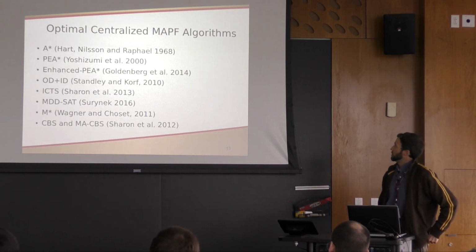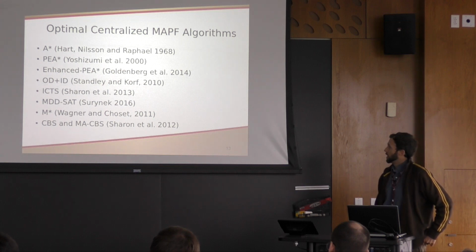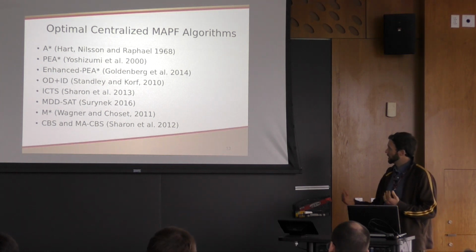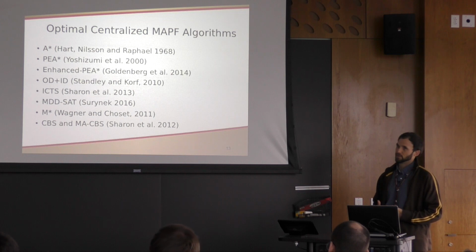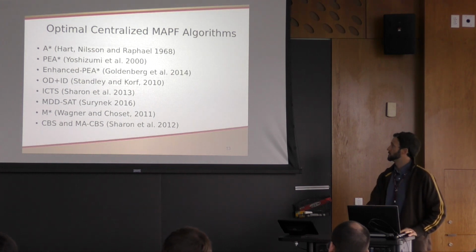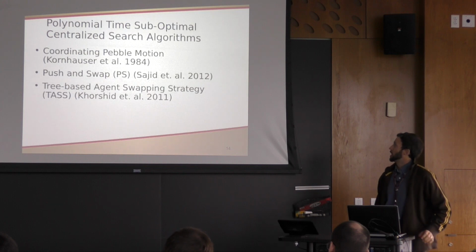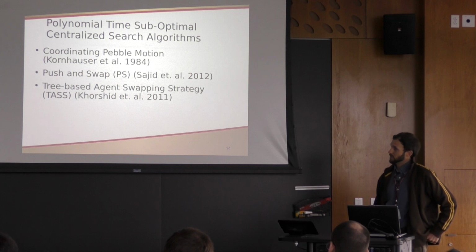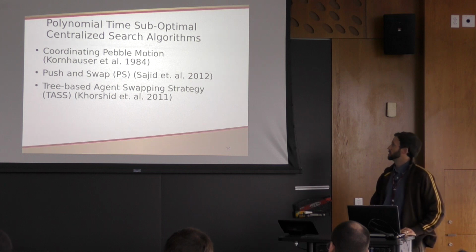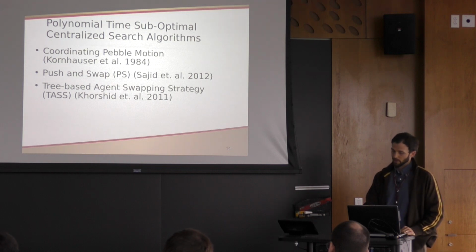There are quite a few optimal centralized algorithms for this problem. In general, the latest research has been mainly focused on decreasing the branching factor so that we can get better run times. There are also polynomial time suboptimal algorithms, and the focus of these is just to find a solution, however suboptimal, and they also require that agents move holonomically.